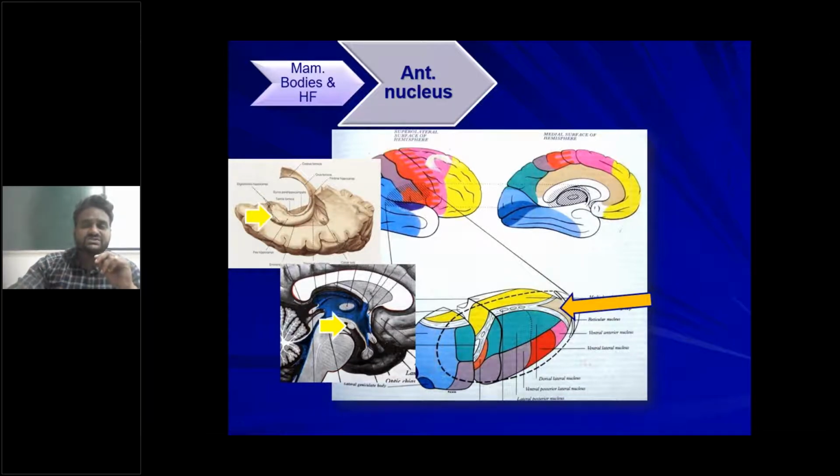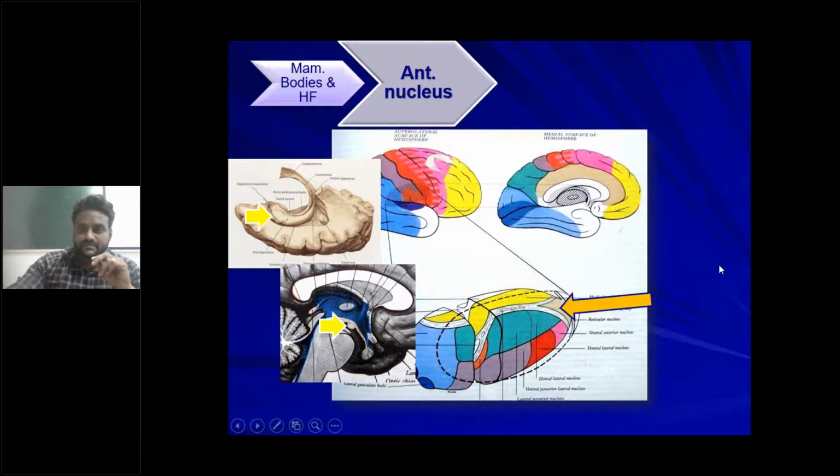So it receives the fibers from the mammillary body, habenular mammillary body, and also the hippocampal formation. So here in this arrow, we can see the mammillary body, and other fibers from the hippocampal formation. So which nucleus receives the fibers from the hippocampal formation and mammillary body? Anterior nucleus.